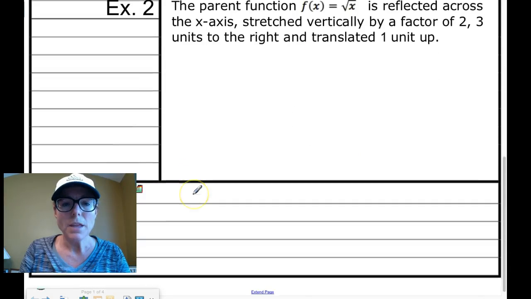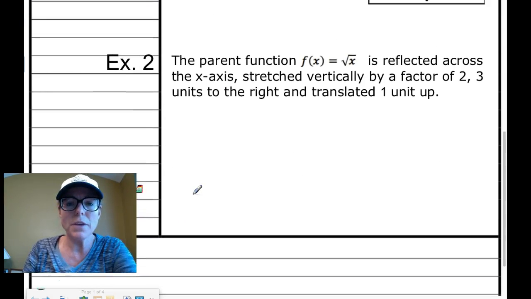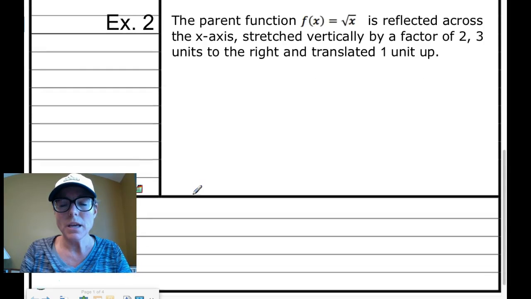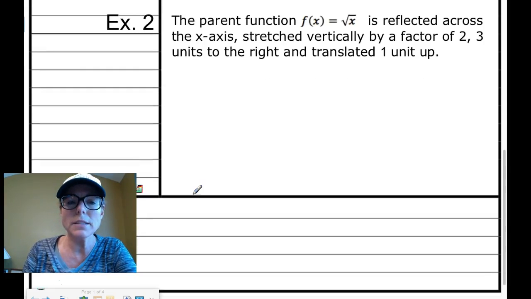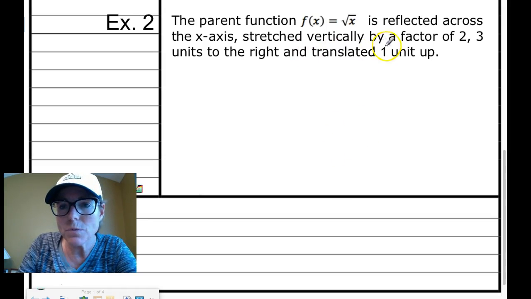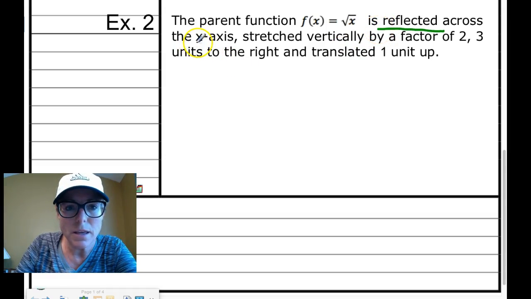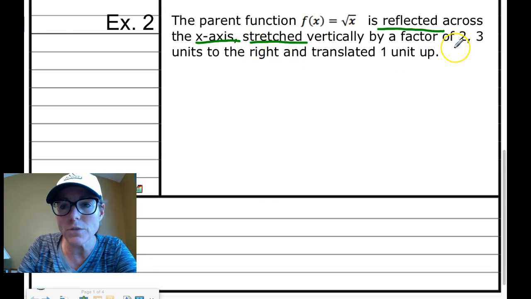Example 2. The parent function, f of x equals the square root of x, is reflected across the x-axis, stretched vertically by a factor of 2, 3 units to the right, and translated up 1 unit. So again, this one we are reflecting across the x-axis, stretching this time, not compressing, stretching by a factor of 2.